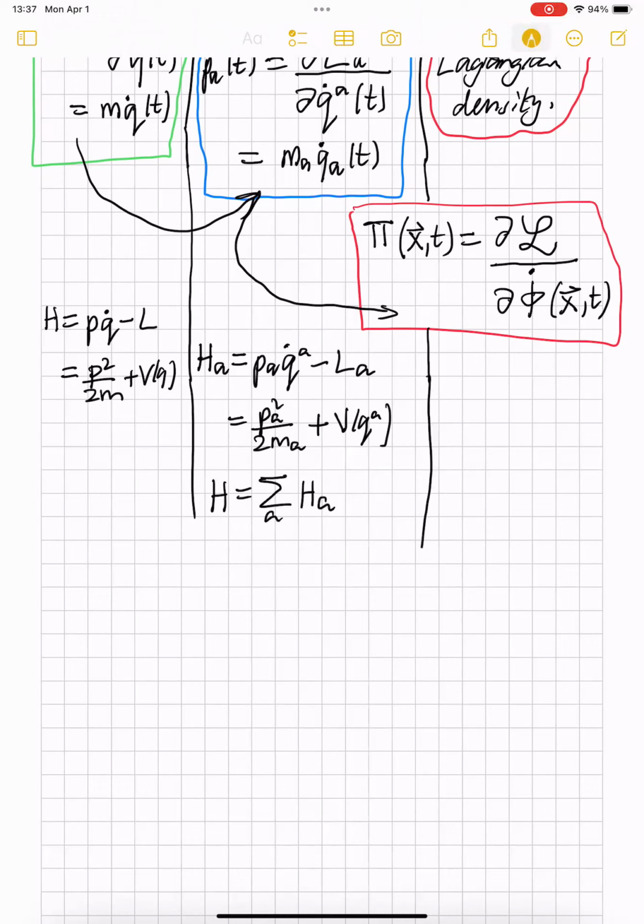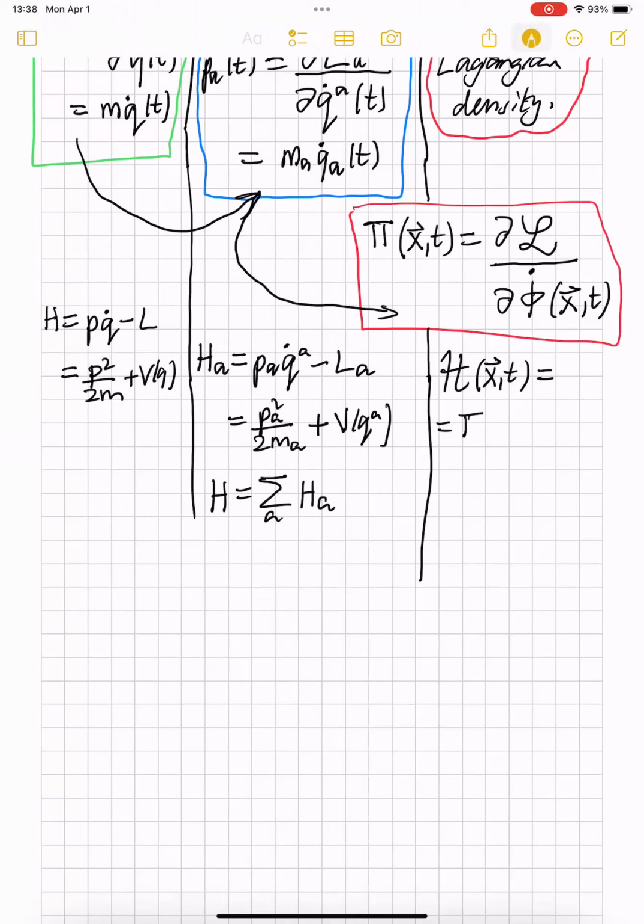Good. Okay, now let's try to generalize this to field theory. So in the same way that H_A is something for the Ath particle, we now want to write down something that we'll call the Hamiltonian density. And this will be at position x and time t. It depends on position x because H_A depends on the label A. And what will this be equal to? Well, here it was the conjugate momentum times the derivative of the coordinate.